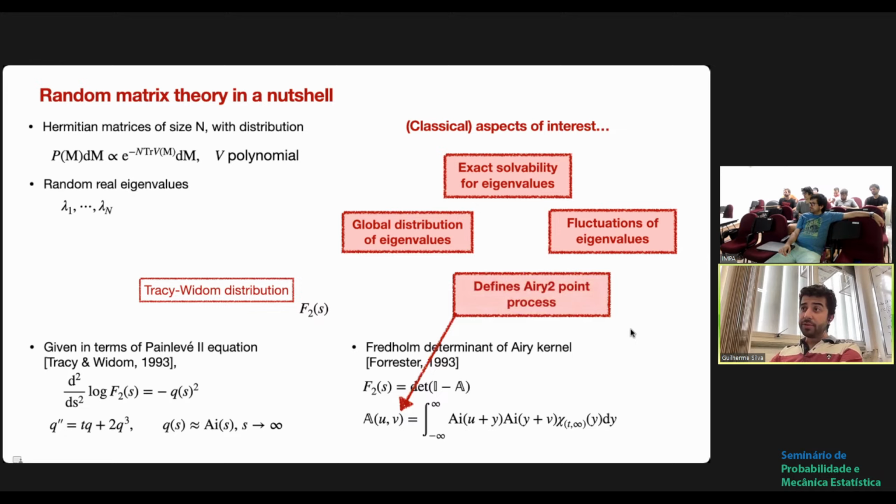Yeah, and one comment I want to make is that remember that a few slides ago, I told you about these determinantal point processes. And essentially, this kernel here defines also the determinantal point process, which is what we call the Airy two-point process. And this limiting distribution Tracy-Widom is precisely the limiting distribution for the largest particle in this Airy two-point process.